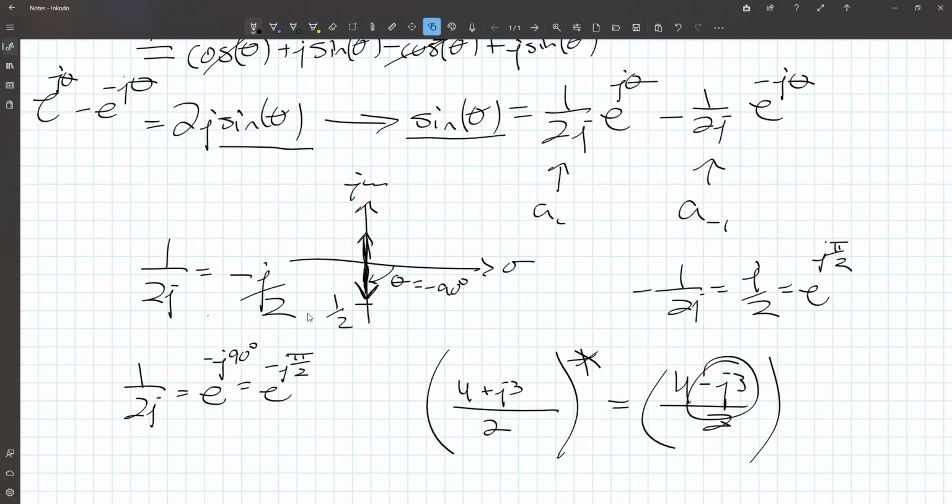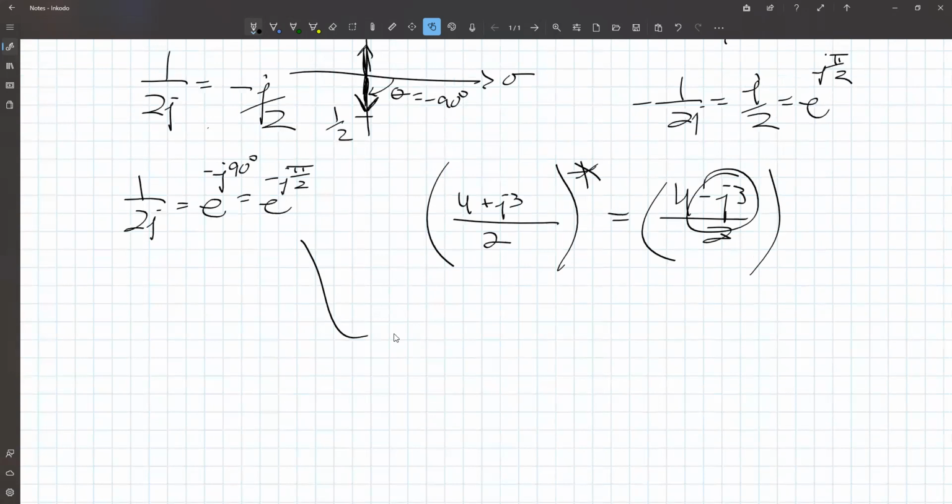Yep. And we earlier saw the 4 and 3 like that. So here's my angle, 4, 3, 5. So if I wrote this in polar form, this would be e to the j 53, 37, right?